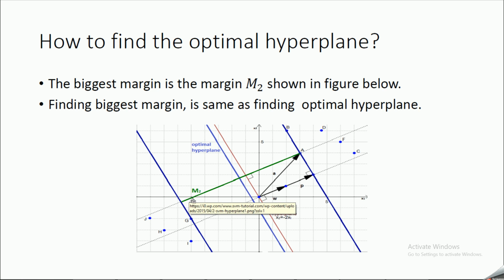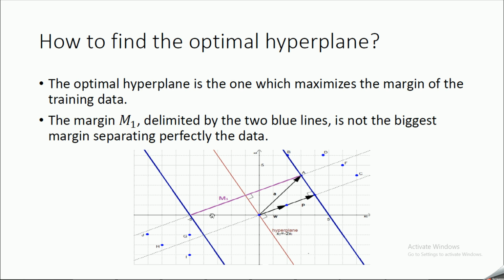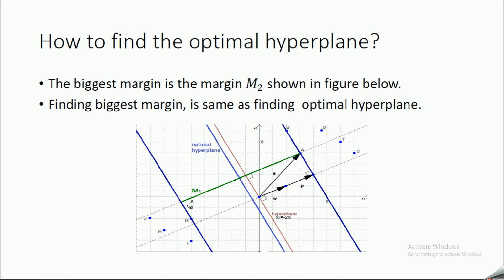See over here, initially it was over here. Now what has happened? We have extended our margin on the left hand side, and this is the biggest margin. So finding the biggest margin is the same as finding the optimal hyperplane. Thank you.